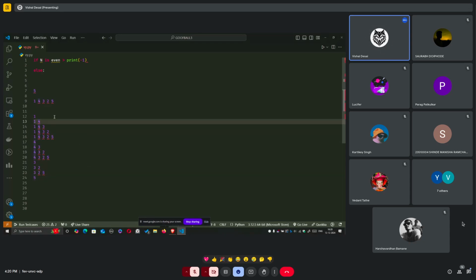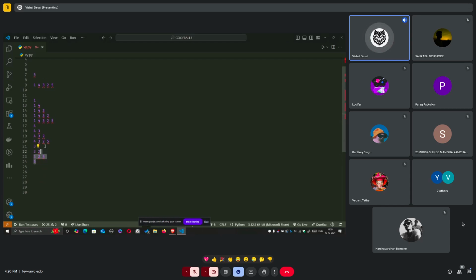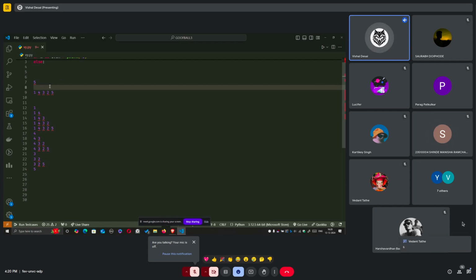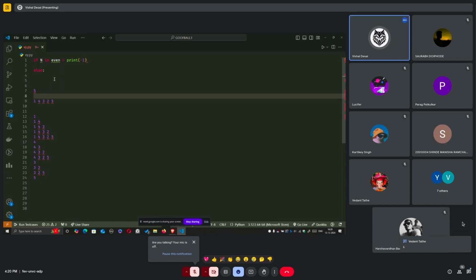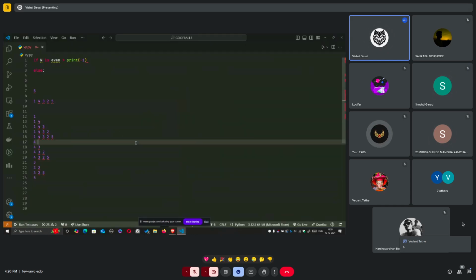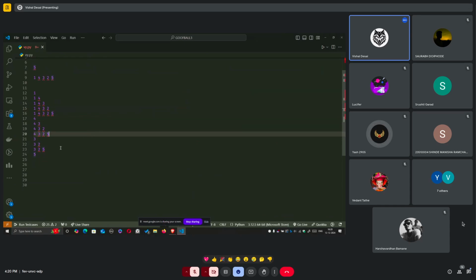If you sum any of these subarrays, you will find out that none of them is divisible by what number? We are checking for 6, right? Yeah, n plus 1. The question is given as n plus 1. So if you check, none is divisible by 6 here.